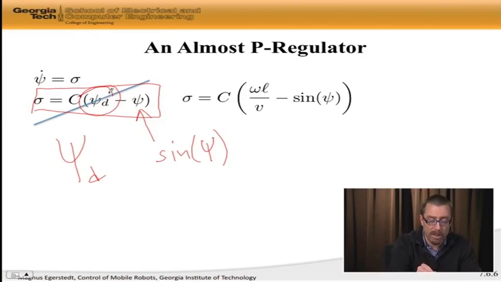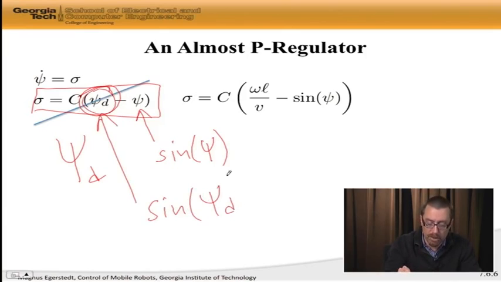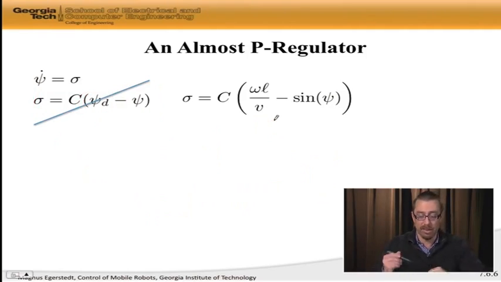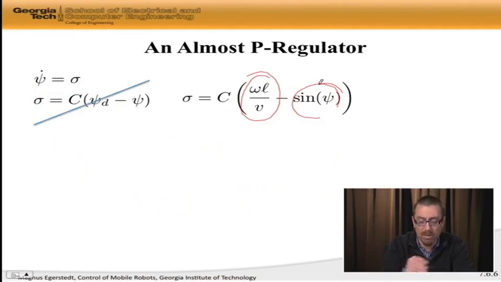And instead of psi d, I'm going to do sine psi d, which we know is omega L over V, which goes in there. So we keep the sines in there instead of taking arc sine. And the reason for that is that for small enough angles, this is roughly equal to the angle itself. So sine is not a bad thing to do.